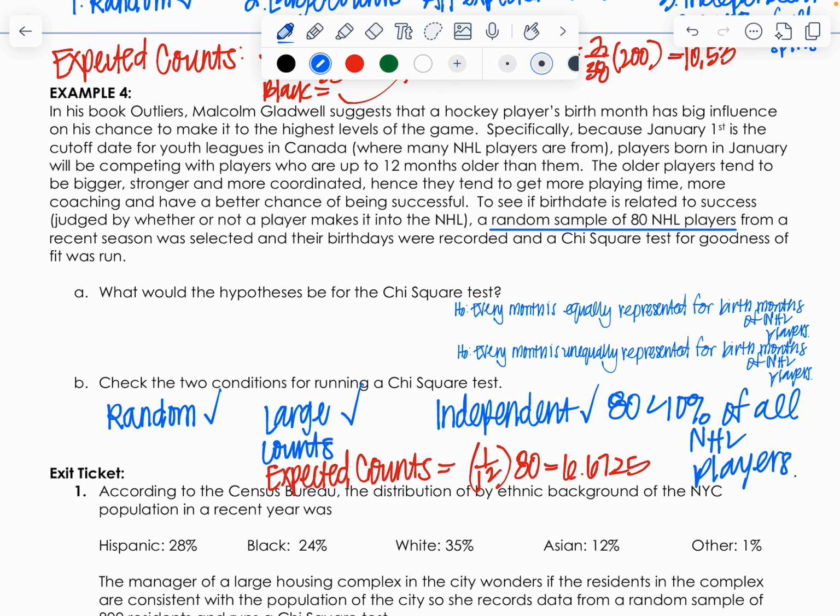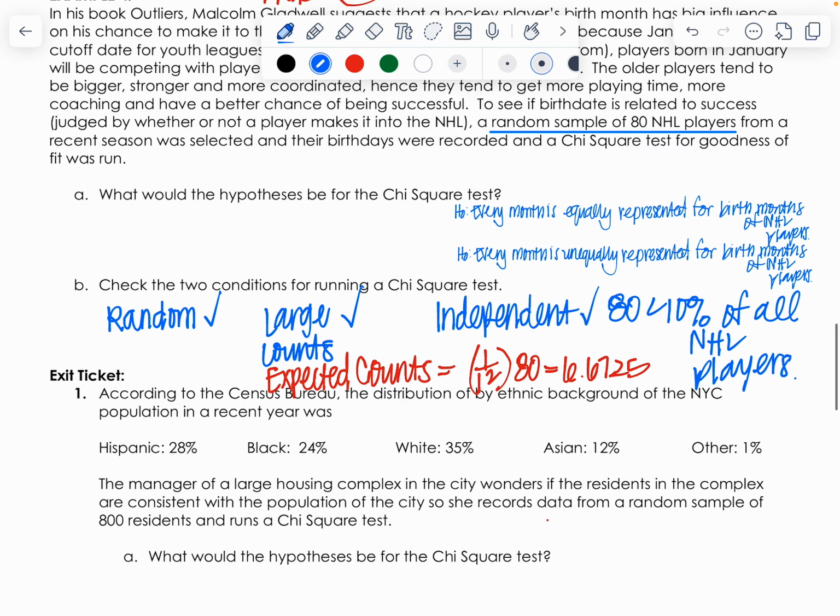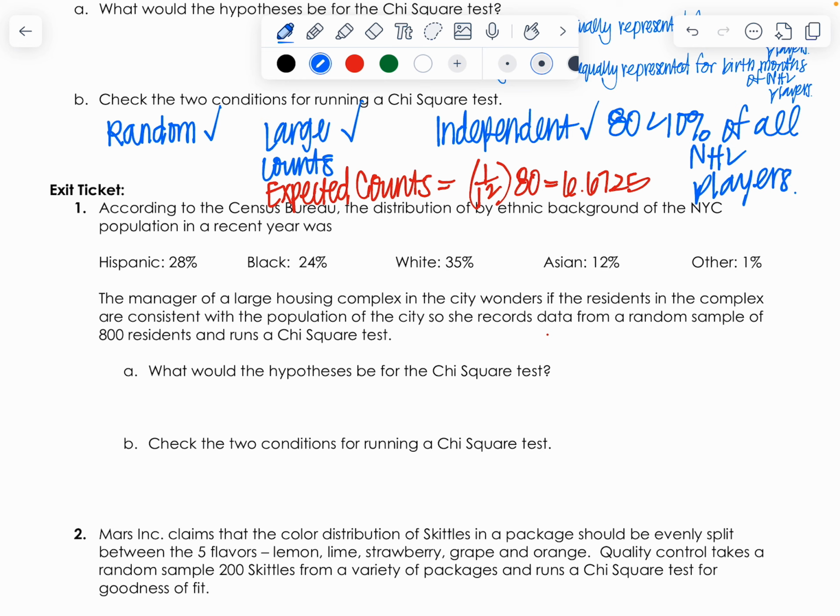That distribution could either be divided up using different percentages, like the different colors of M&Ms or the different colors on the roulette wheel, or it could be divided up into categories that are equally represented. For example, this birth date. And I think I gave you one of each type in the exit ticket. So see how you do on your practice, and we'll check in tomorrow with another day of chi-square tests.